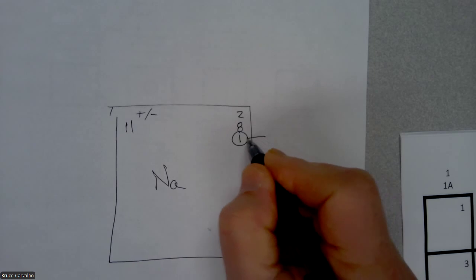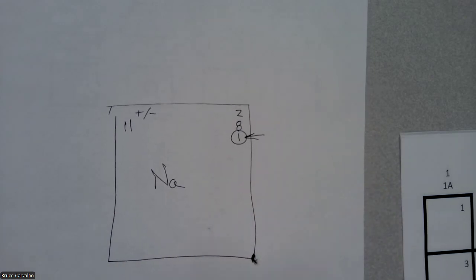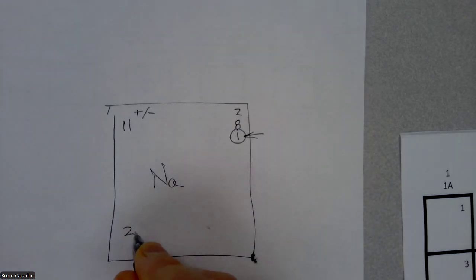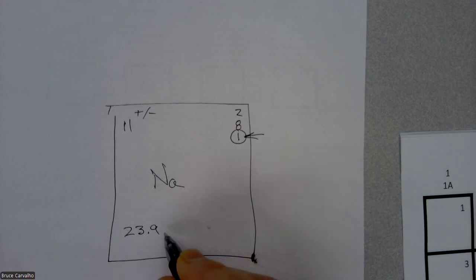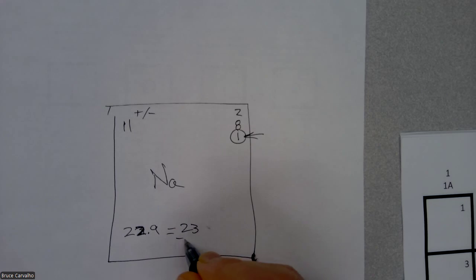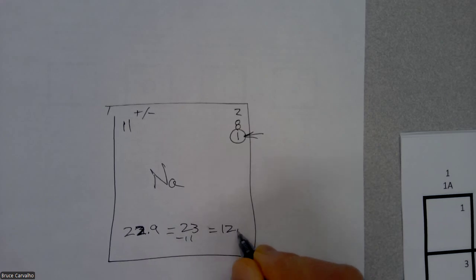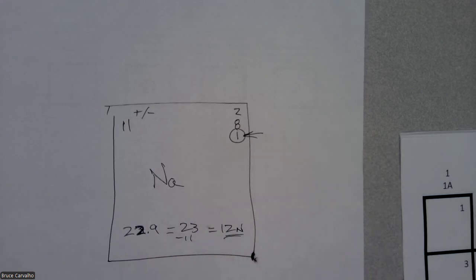So this is a review. And underneath there is 22.9, which rounds to 23. Minus 11 means you have 12 neutral particles in this atom. That's how we did that.